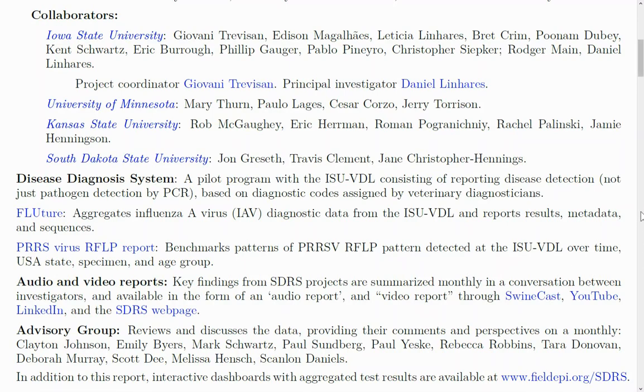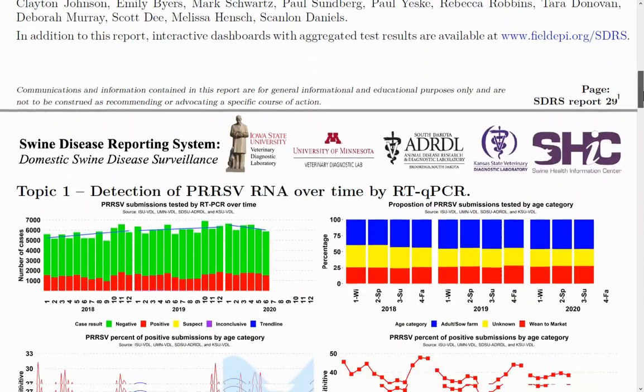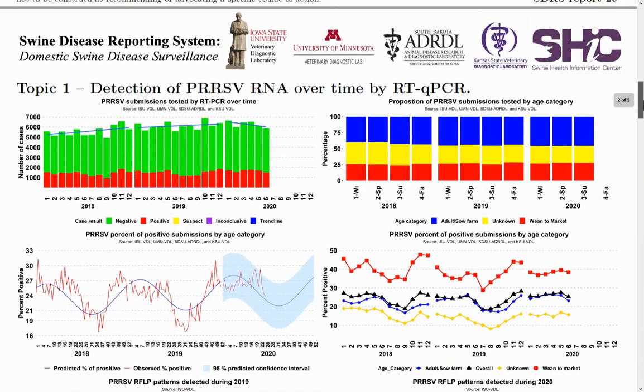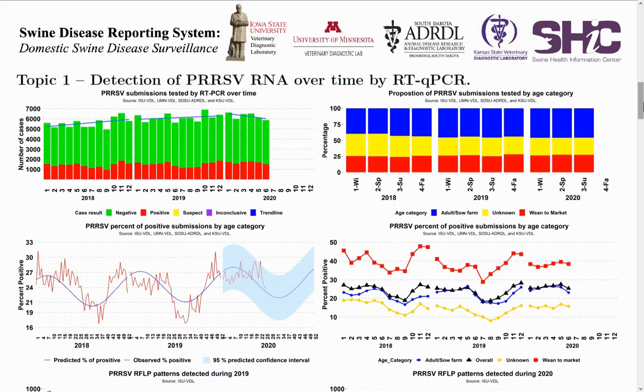Great. And in the second page, you talk about the detection of PRRS virus RNA over time by PCR, right? So can you explain the information reported in those 6 charts there? Sure. The first chart is a column bar chart that is organized by year and month, and it presents the number of submissions. Here, they are defined as cases.